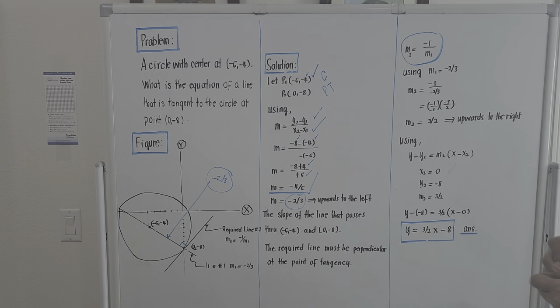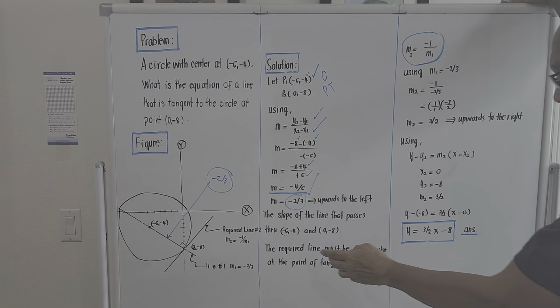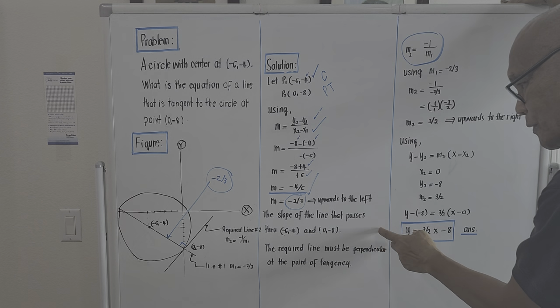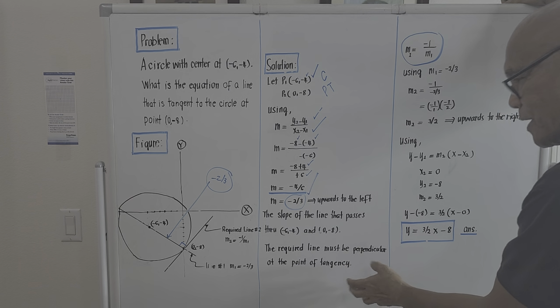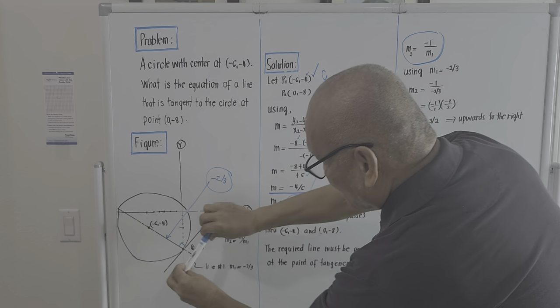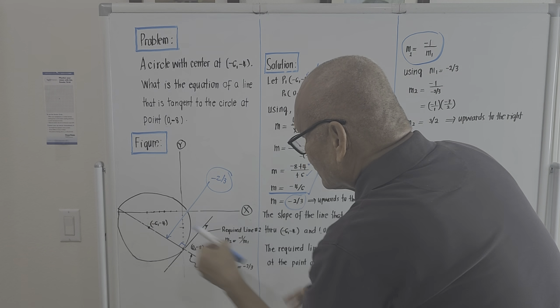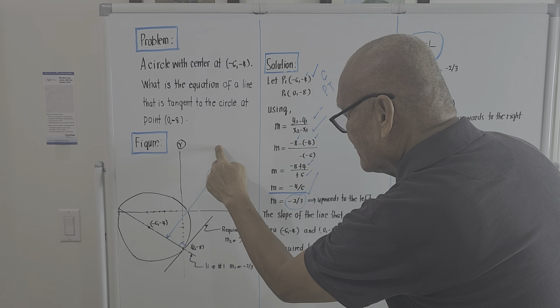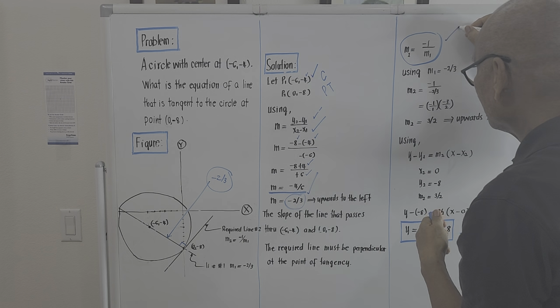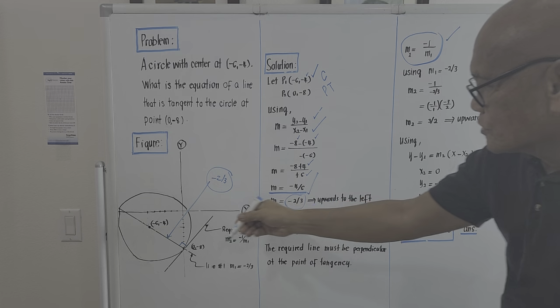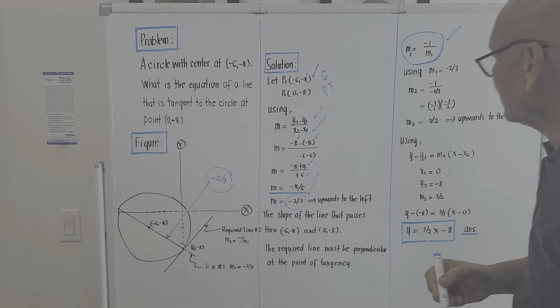So I place it there as a second annotation. The required line must be perpendicular at the point of tangency, right? This is the required line, and it should be perpendicular to the first line. And since we know the slope of the first line, by using this relationship, we could also compute for the slope of the required line.